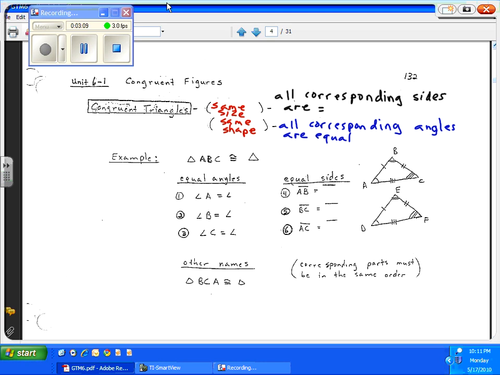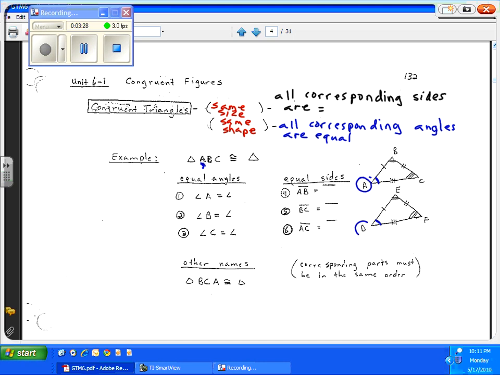Now, when we name congruent figures, we must name corresponding parts, corresponding vertices, in order. If we look at the triangles to the right, angle A has one little mark, and angle D has one little mark.